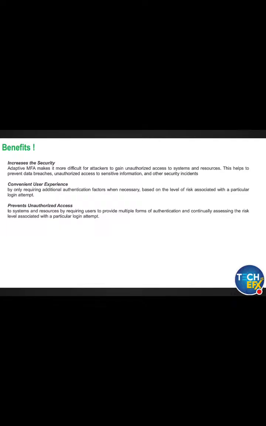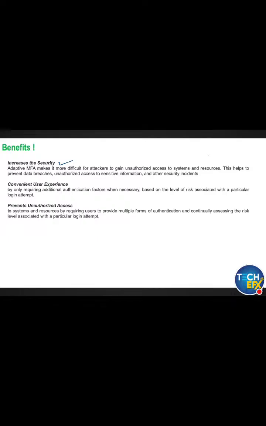Let's find the benefits of adaptive multi-factor authentication. Adaptive multi-factor authentication provides several benefits that can help organizations increase the security of their systems and resources and improve the user experience. First, it increases security by requiring multiple forms of authentication and continually assessing the risk level associated with a particular login attempt.